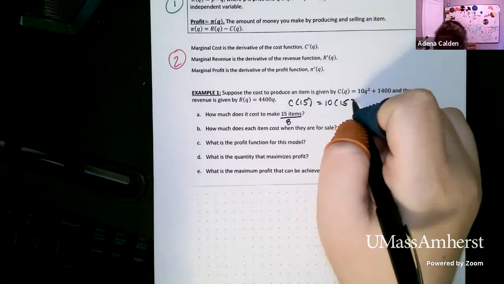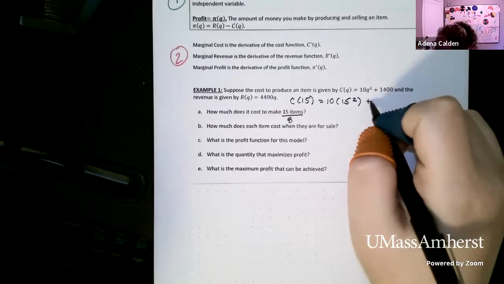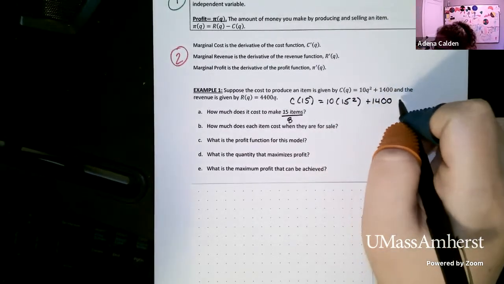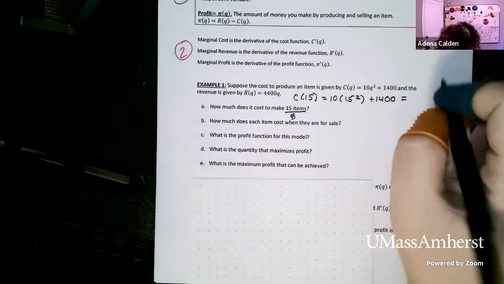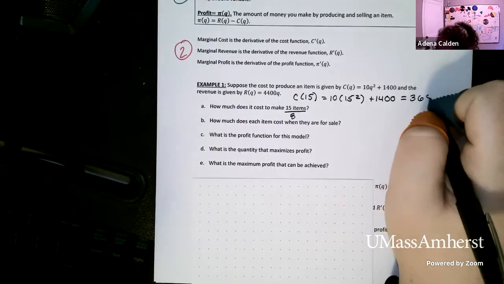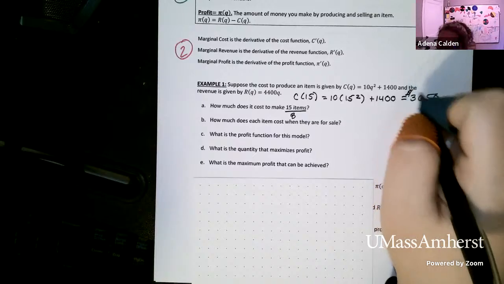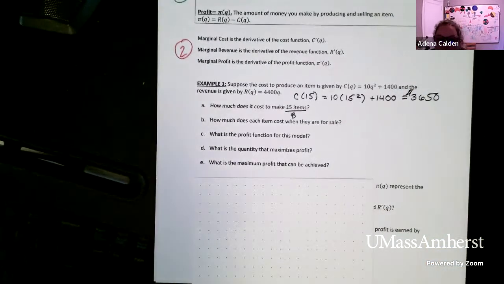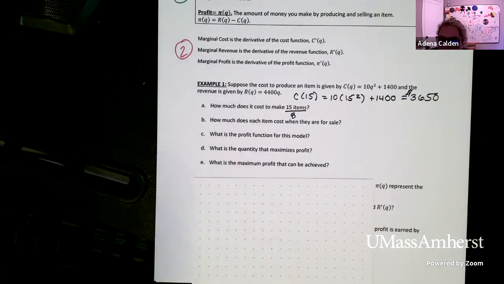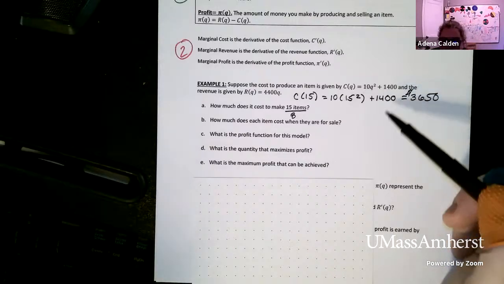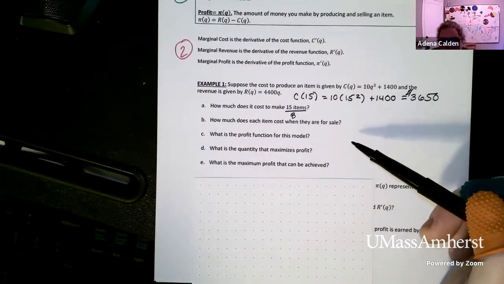So we have 10 times 15 squared plus 1400. We're going to crunch that number and we're going to get $3,650. So as a reminder, the cost, revenue, and profit all have units of dollars because we're talking about money and currency. So this is directly related to the cost function. Okay, so that's back from chapter 1.